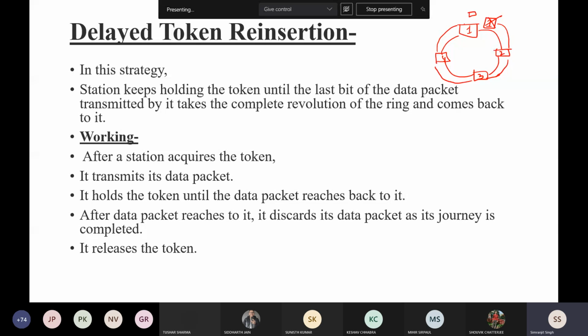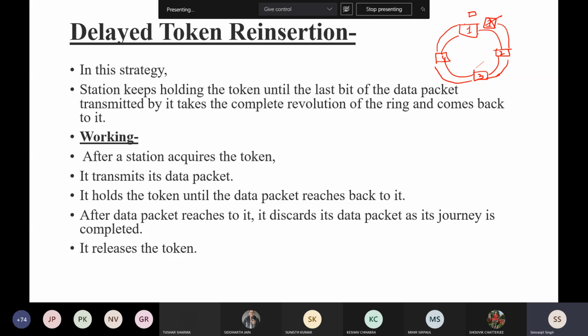If the sender station does not take this packet out of circulation, it will just circle infinitely around the whole token ring. Keep in mind, when the packet takes a whole revolution, it will again come to the sender station, and the sender has the responsibility to take this packet out of circulation.